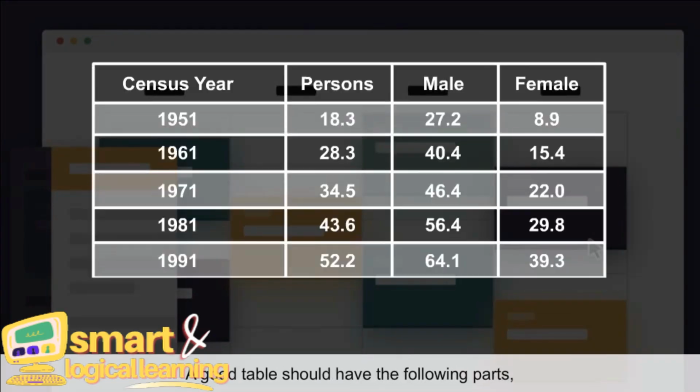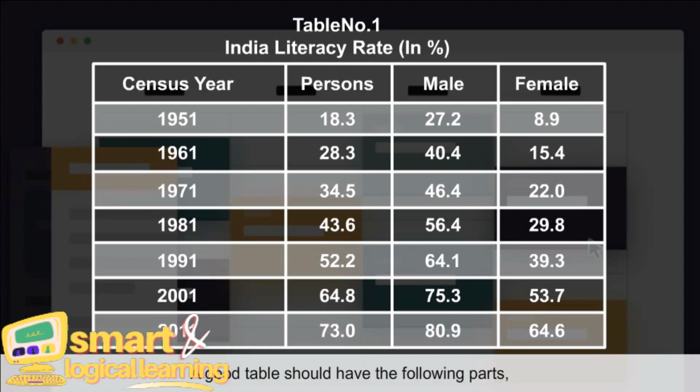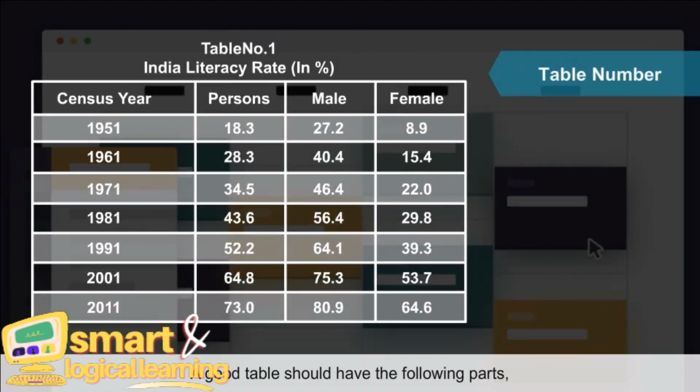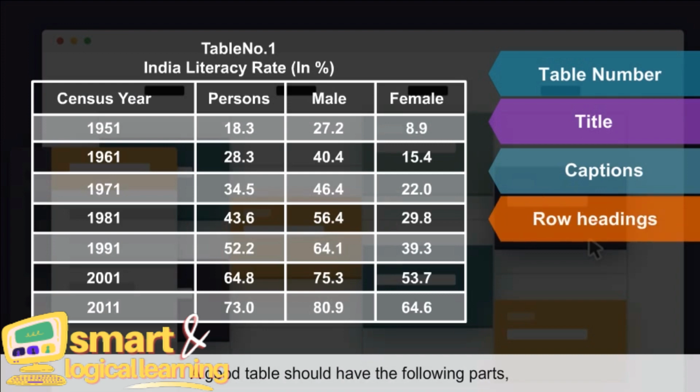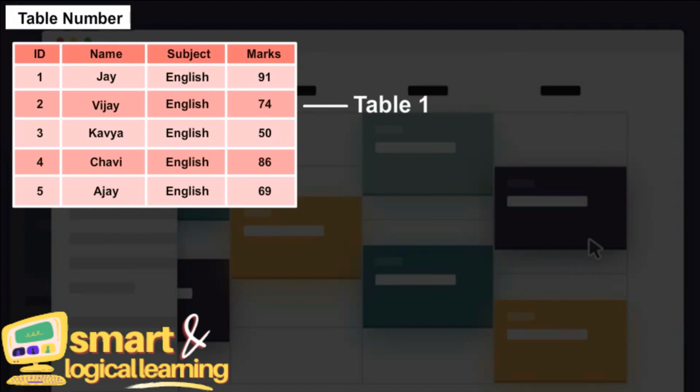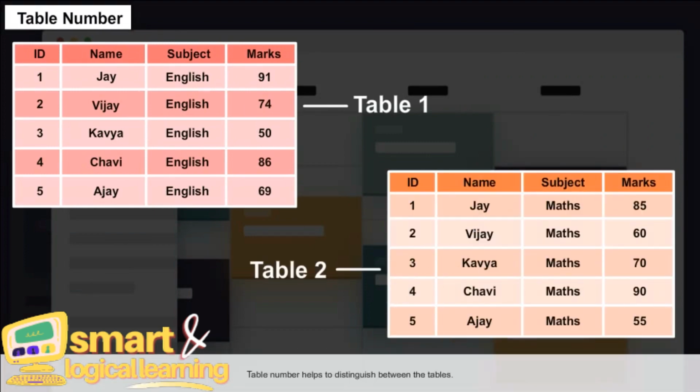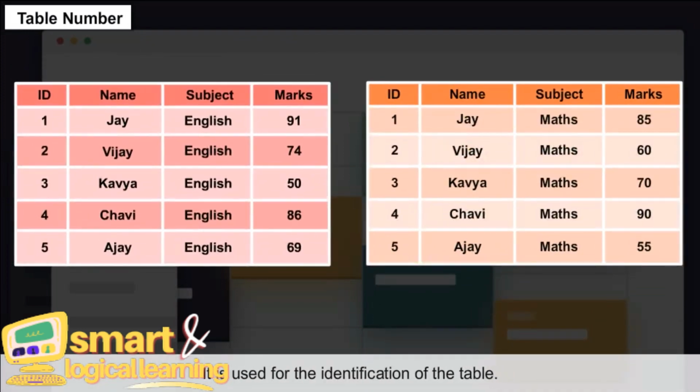A good table should have the following parts: table number, title, captions, row headings, body of table, source. Table number. Table number helps to distinguish between the tables. It is used for the identification of the table.